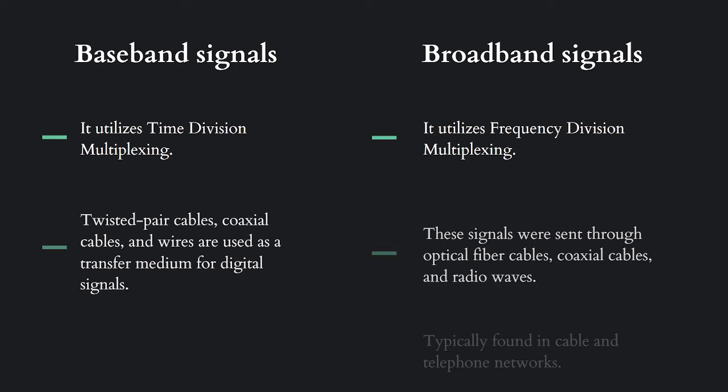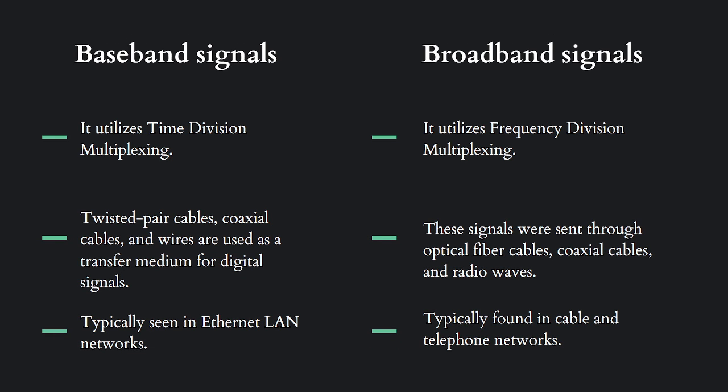Now let us see some differences between baseband and broadband. The major difference is that in baseband we are transmitting only one signal through the medium, and in broadband we are transmitting multiple signals in a channel. Another is the medium for the transmission.